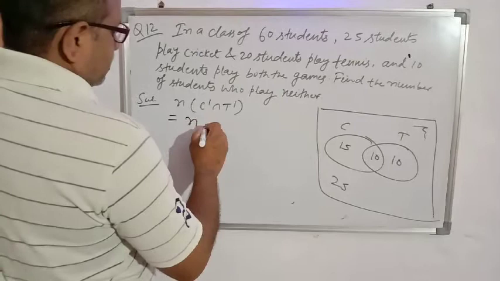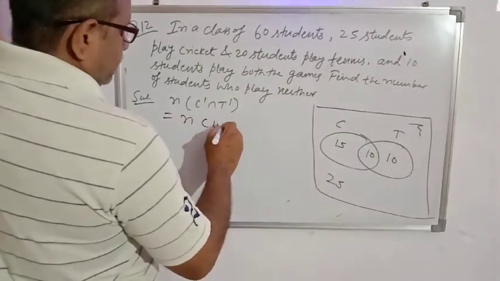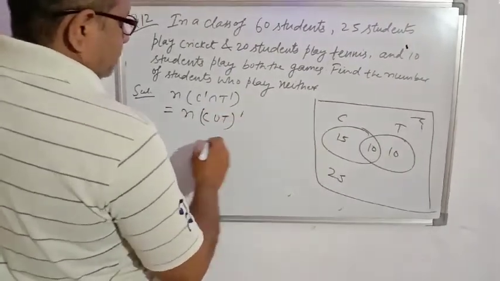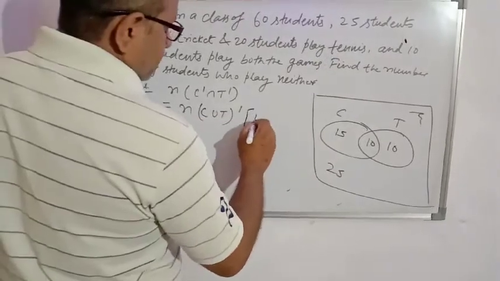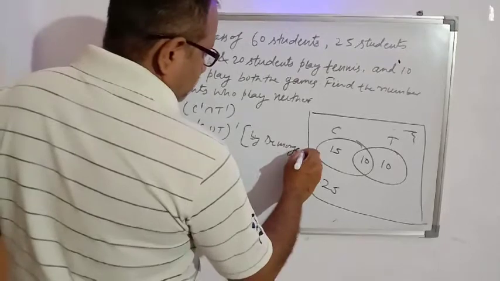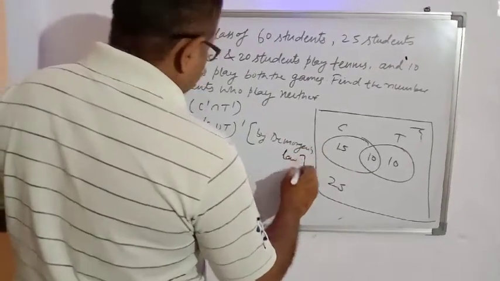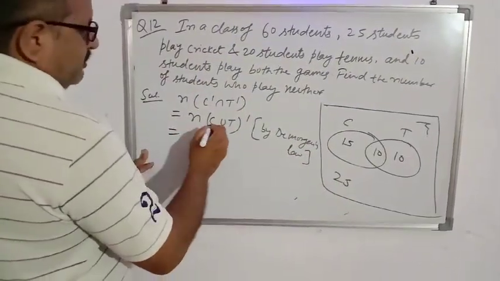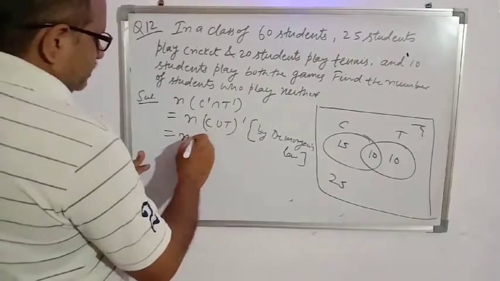Using De Morgan's law, we can write (C union T) complement. How will we find (C union T) complement?